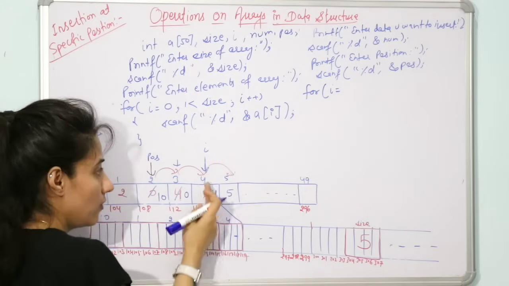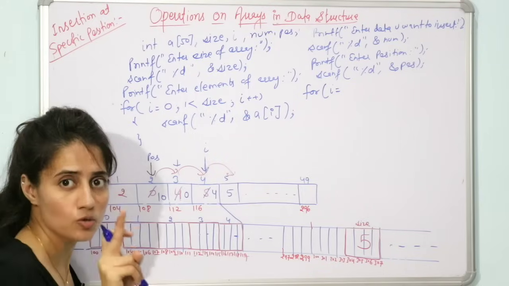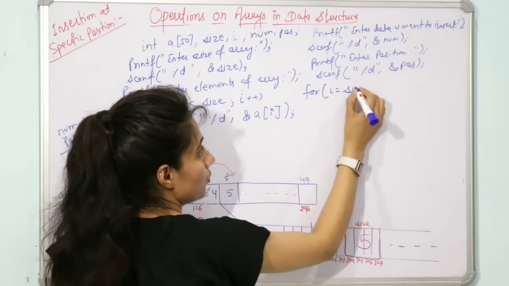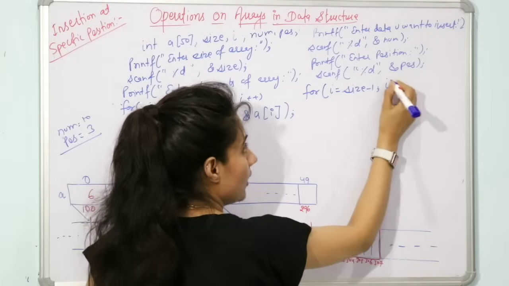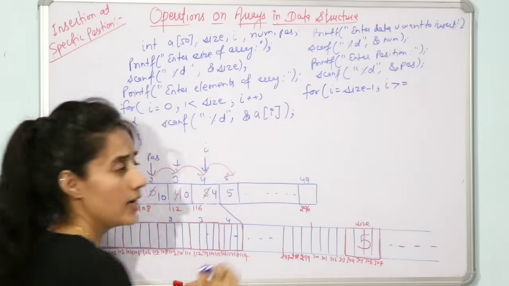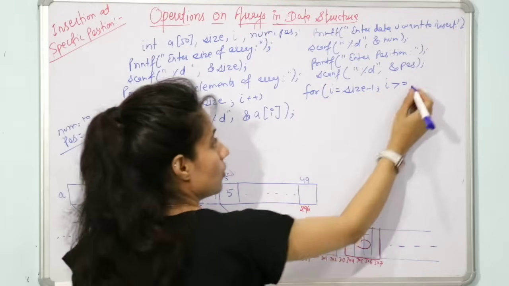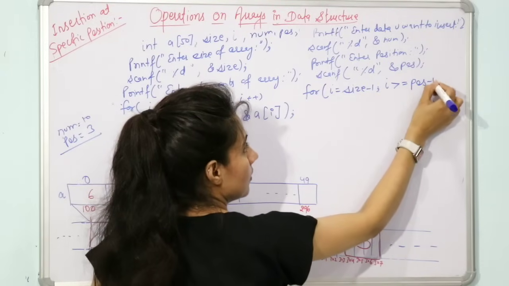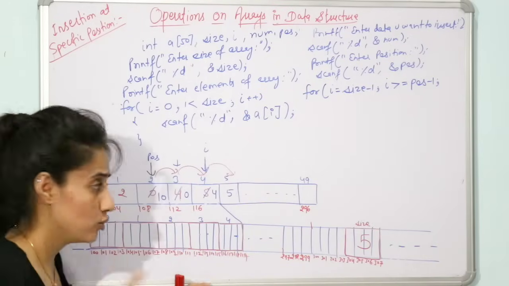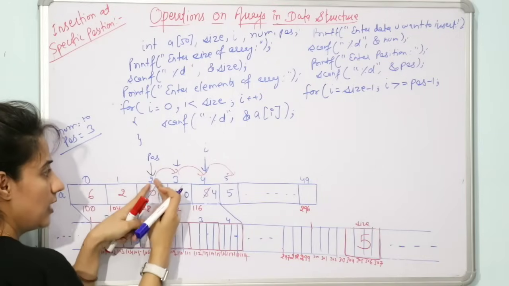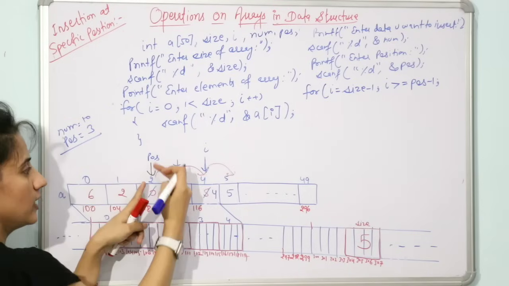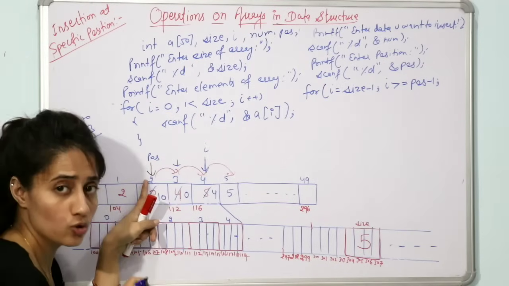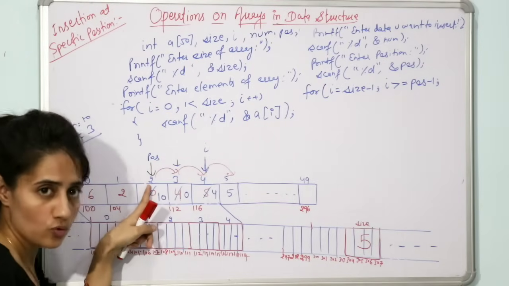And you can also start from size minus 1. So here I am starting from size minus 1, and I should be greater than or equal to position minus 1. See, I will go till the value 2 and position value is 3. So 3 minus 1, that is 2. So I should be greater than or equal to 2.